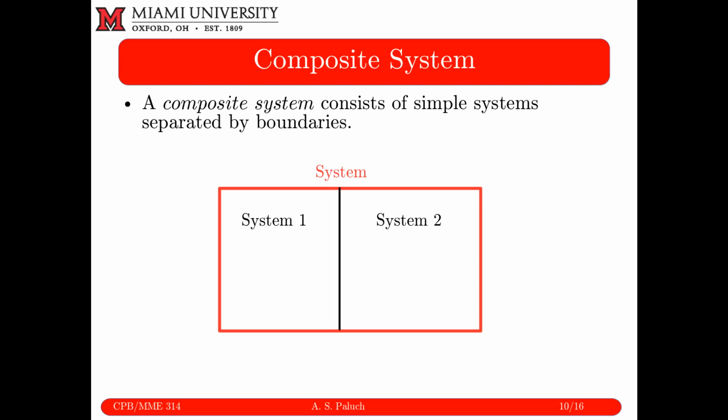I could take that entire beaker to be my system, which contains two distinguishable phases. So in a composite system, my system is made up of two or more distinguishable phases separated by a boundary, maybe a phase boundary, maybe a physical boundary that I've added.